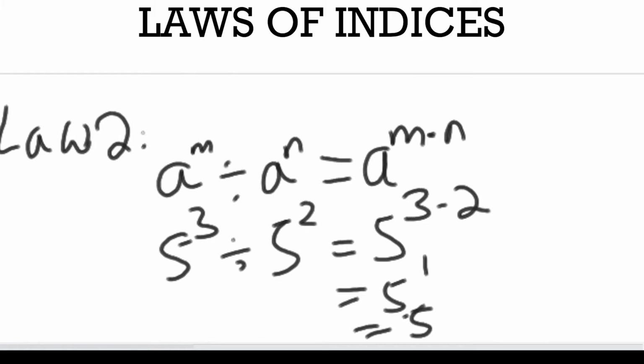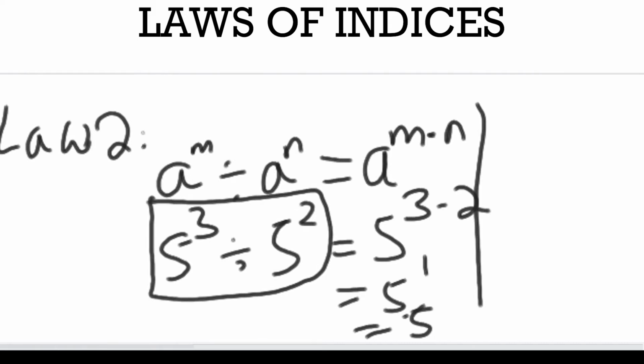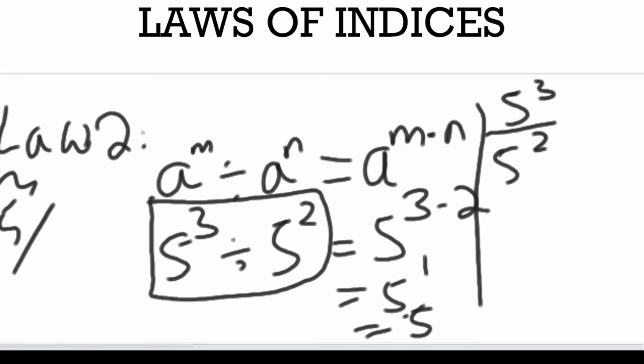Now let's prove this by taking this part of the equation and solving it without subtracting the powers. We write 5 to the power 3 divided by 5 to the power 2. Also remember that we could write this division in fraction form, and the law will be applicable there too.